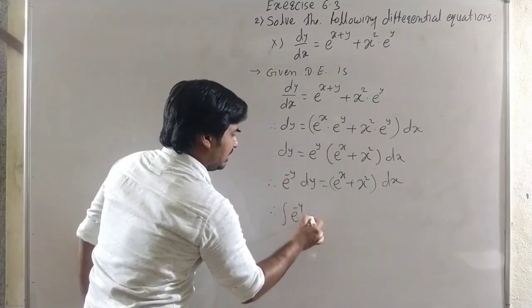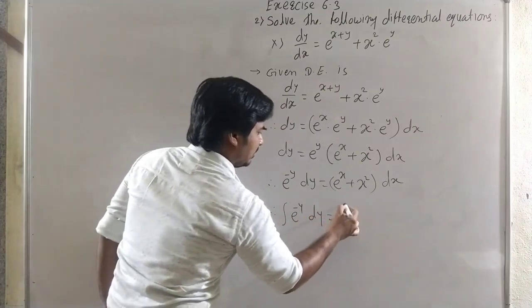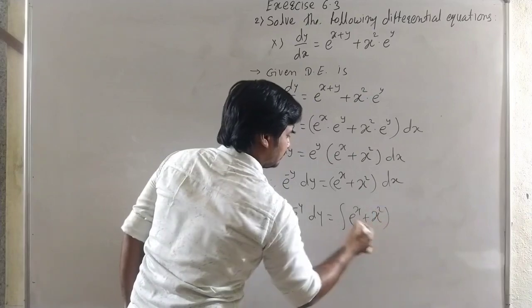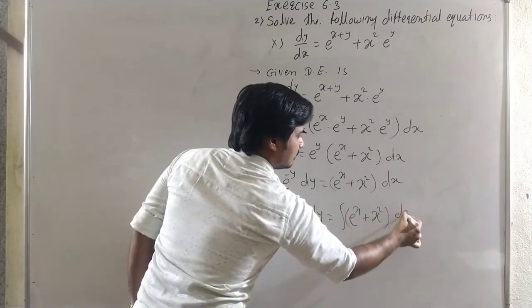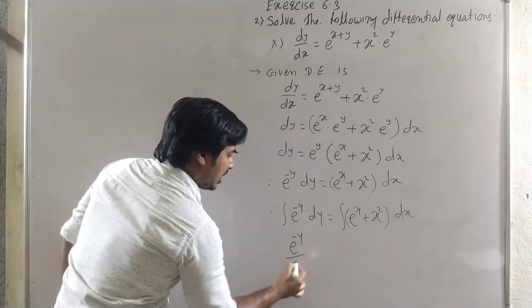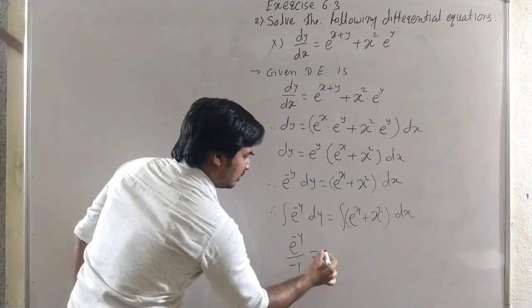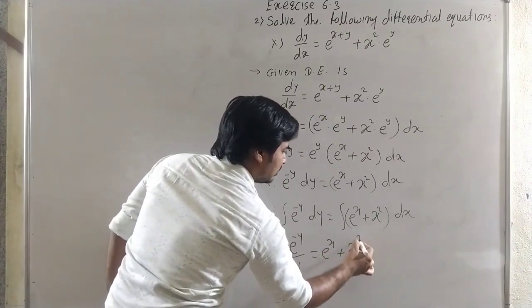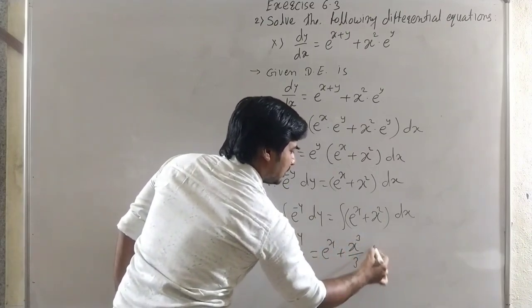The integral of e raised to minus y dy is equal to the integral of e raised to x plus x square dx. Then e raised to minus y upon minus 1 is equal to e raised to x plus x cube upon 3 plus c.